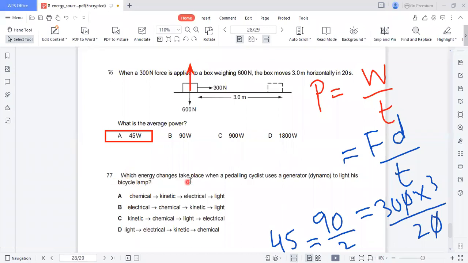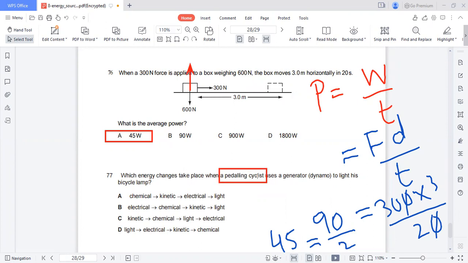Which energy changes take place when a paddling cyclist uses a generator dynamo to light his bicycle lamp? When a person is paddling, it means some kind of kinetic energy. Generator will convert that kinetic energy.